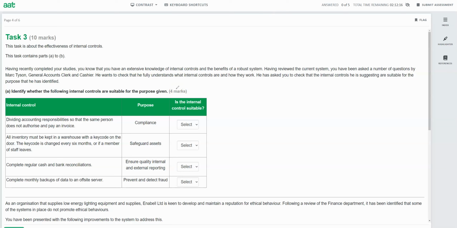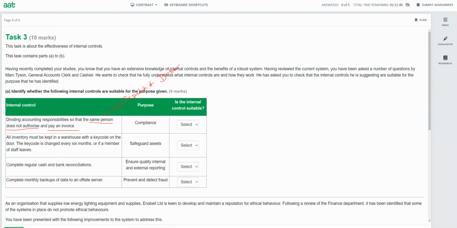The first one says dividing accounting responsibilities so that the same person does not authorize and pay an invoice. This is very linked with the segregation of duties. Segregation of duties means one person should not be responsible for the same job.